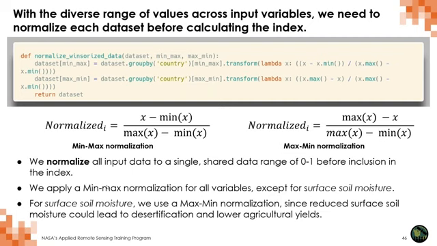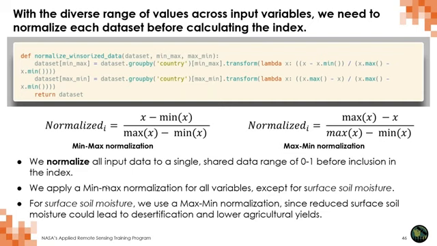To do this normalization, we use two different functions: min-max normalization and max-min normalization. We use the min-max normalization for the majority of indicators. This allows us to set 0 as the lowest value for that given indicator in the country or population, and 1 as the highest value.